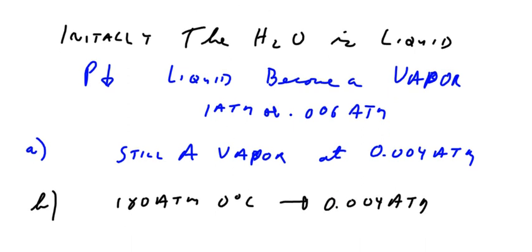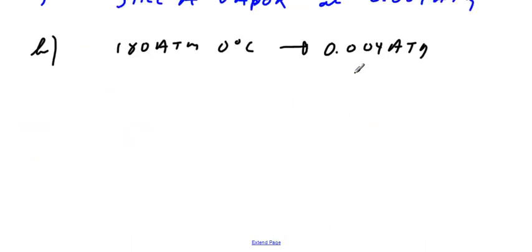And what is going to happen is initially we're going to have the water as a liquid, because at 0 degrees, when I turn it into ice, it expands, and with that amount of pressure, it can't expand.